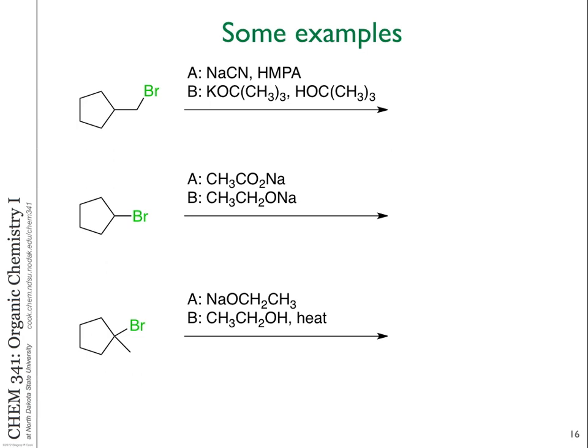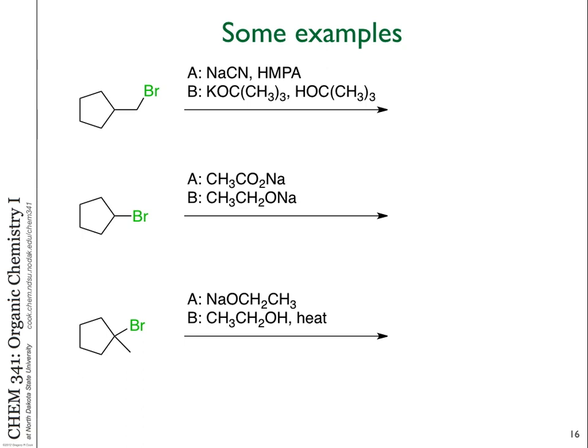But here are some examples of substitution reactions. What I have are two different conditions, conditions A or conditions B, for each of these substrates. And I want you to think about what pathway or what kind of product would be formed in those conditions. Okay, so in this case, we have this substrate.